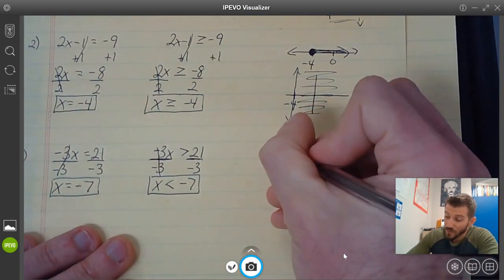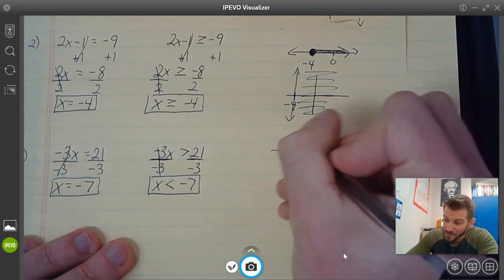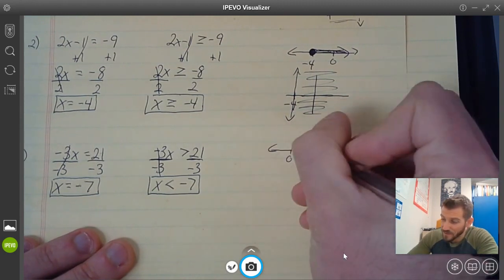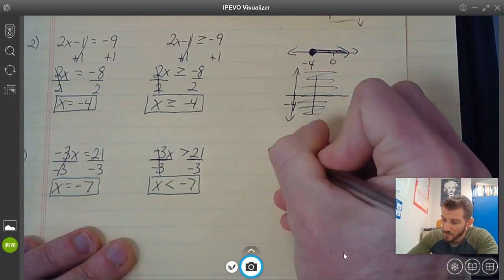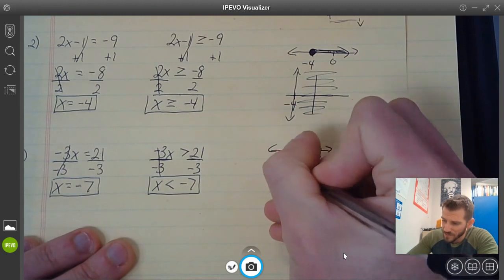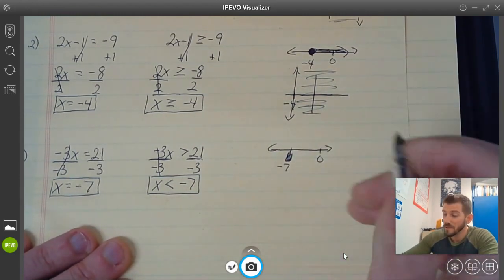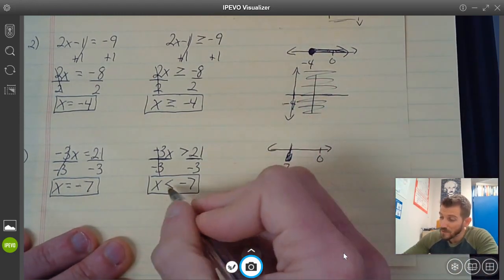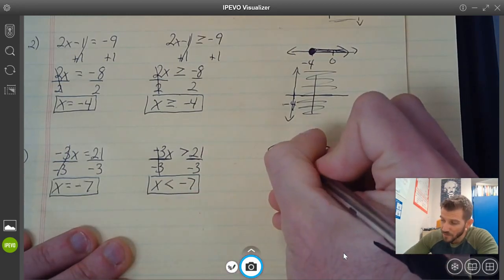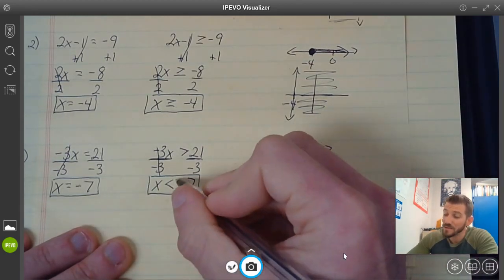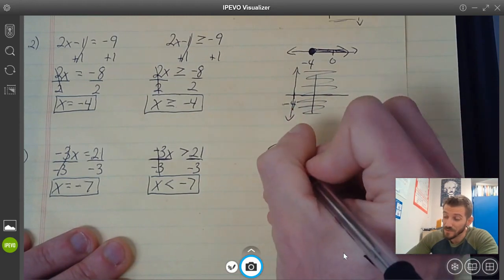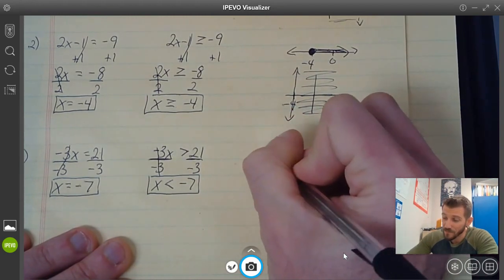All right, so now when we graph this, again, regular number line, something happens at, here's 0 and here's negative 7. So we have an open circle at negative 7, and it's shaded, it's less than, so numbers smaller than that would go this way.